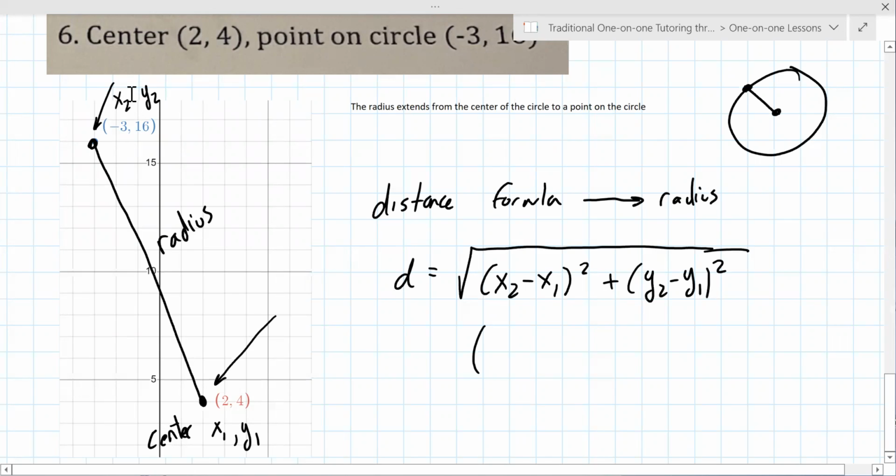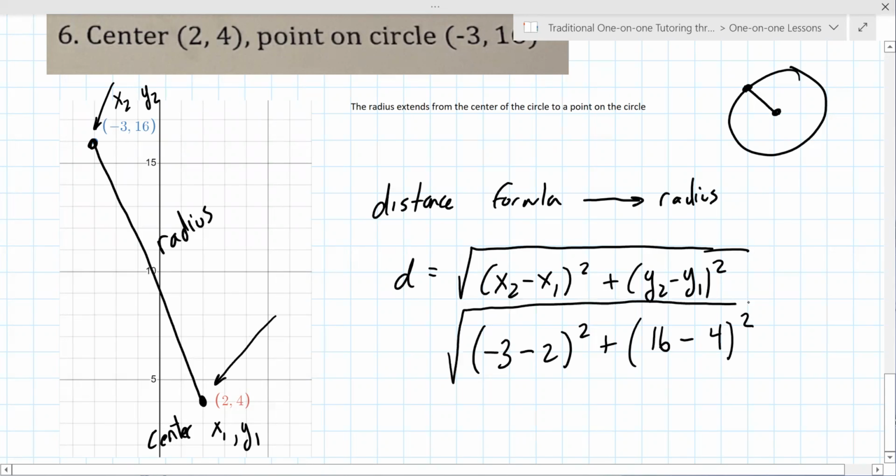That is going to be -3. -3 minus what is the value of x1? 2. 2 squared plus what is the value of y2? 16. 16 minus what is y1? 4. 4 squared. And then you're going to take a square root of all this.